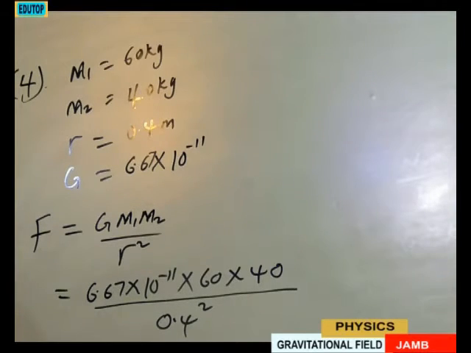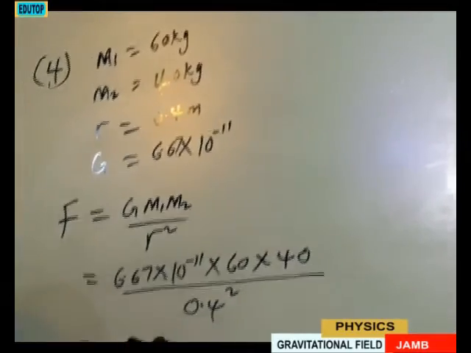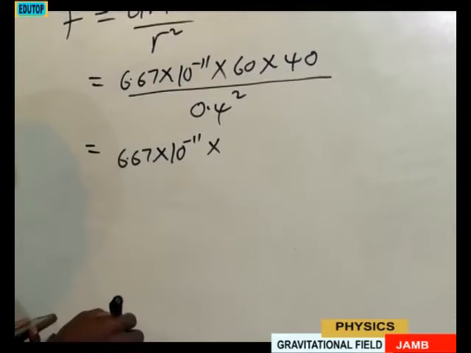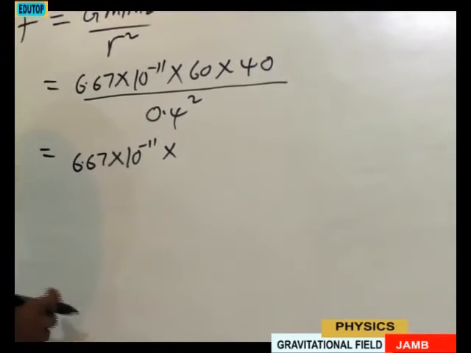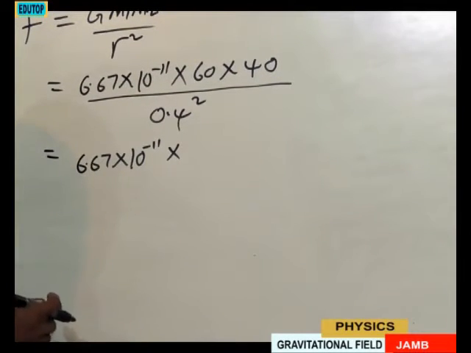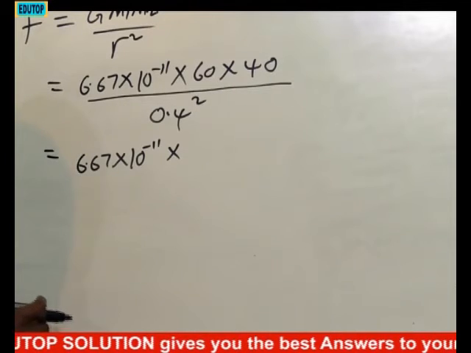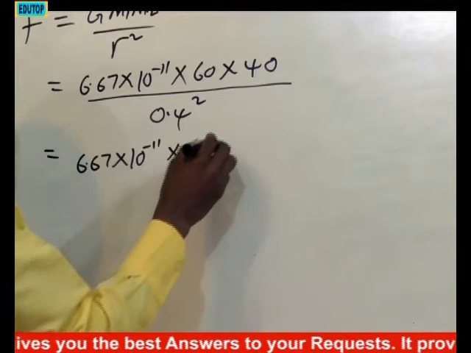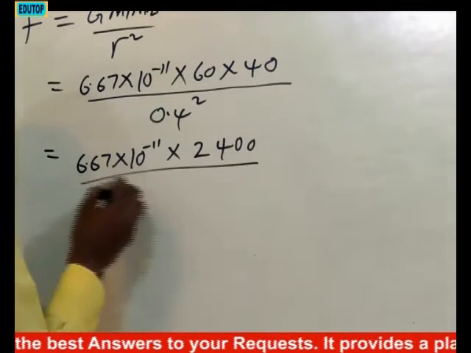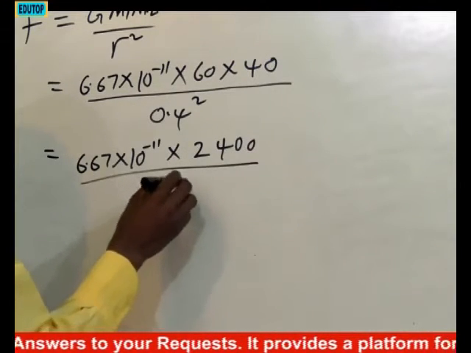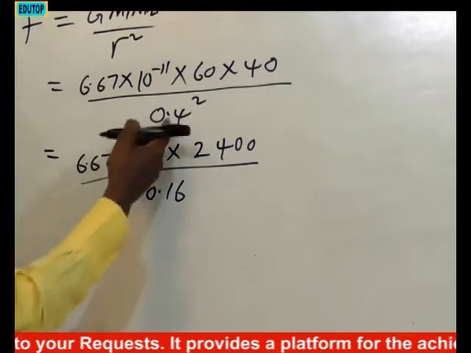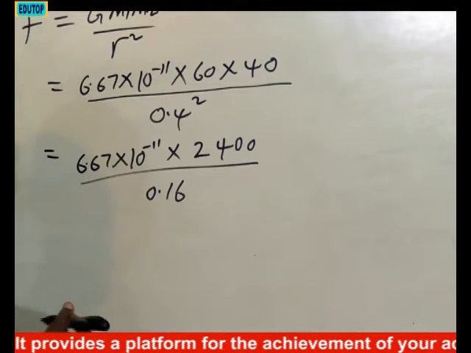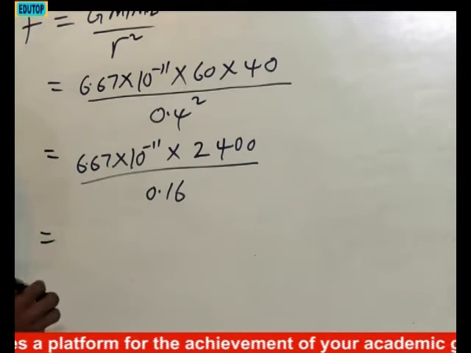And what are we deriving from this? 6.67 times 10 to the power minus 11 times our value for 60 times 40, which will give us 2,400, all divided by 0.16, because 0.4 squared will give us 0.16.